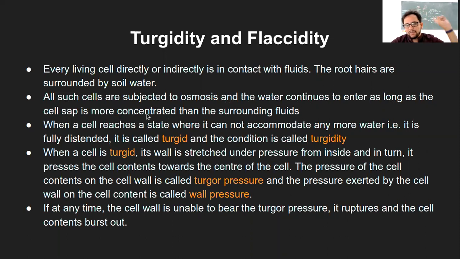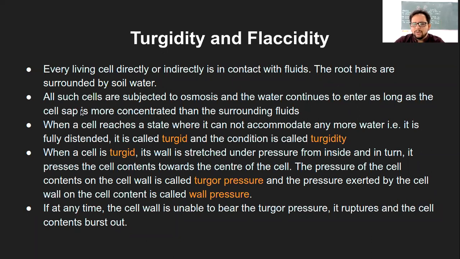Remember, osmosis happens from less concentrated to more concentrated solute direction, right? Or from high solvent concentration to low solvent concentration. So that way it will matter. In this case, they are specifically referring to cell sap, which is nothing but the solute, that is some molecules or some minerals.